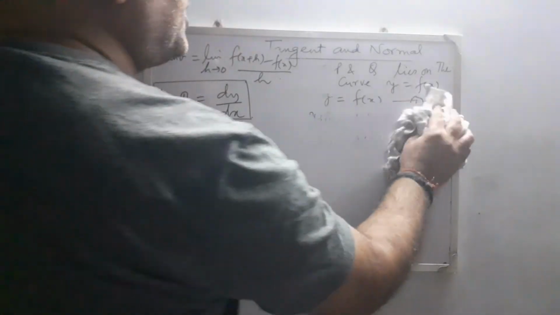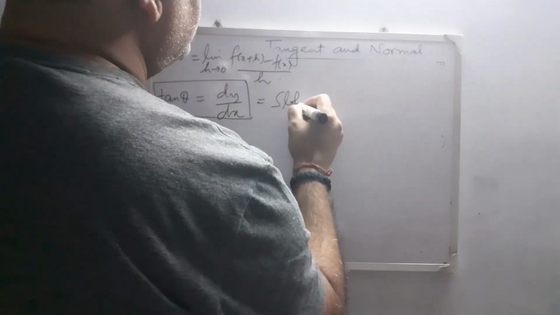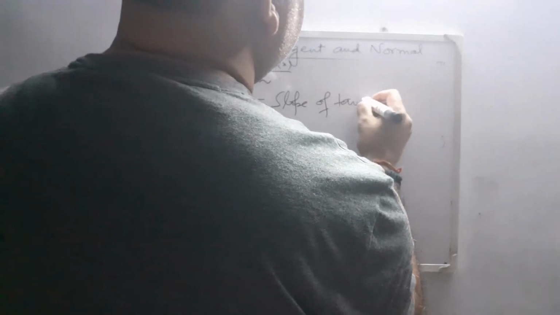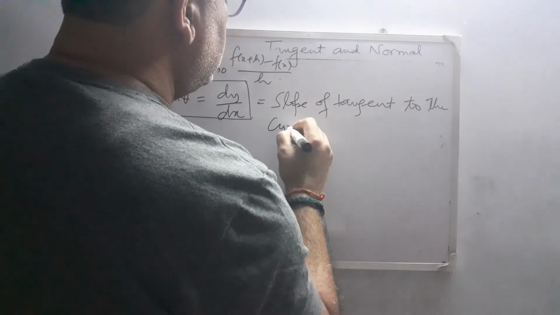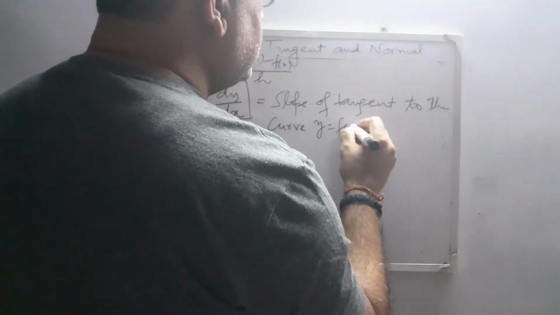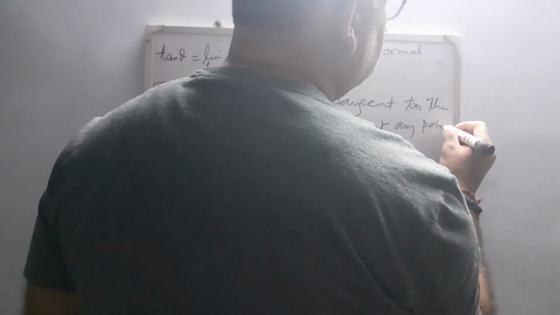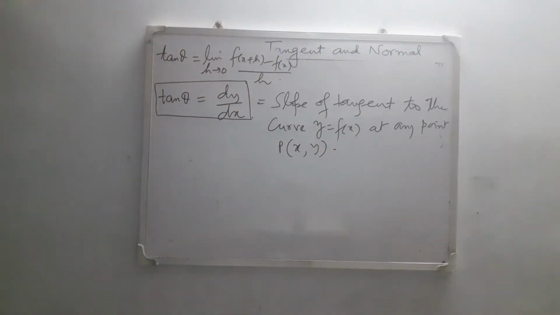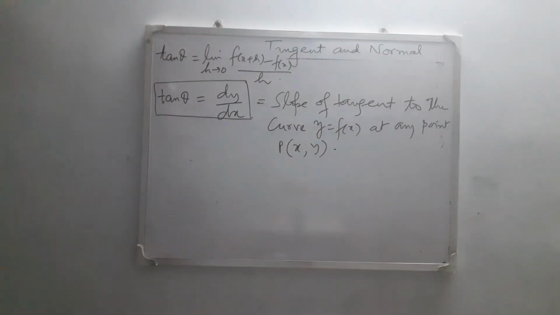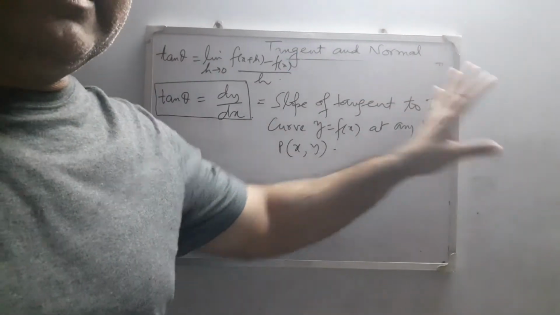So in geometry, we define dy by dx as the slope of tangent to the curve y is equal to f(x) at any point P(x, y). In the bracket you should write x, y. So dy by dx is nothing but slope of tangent to the curve.